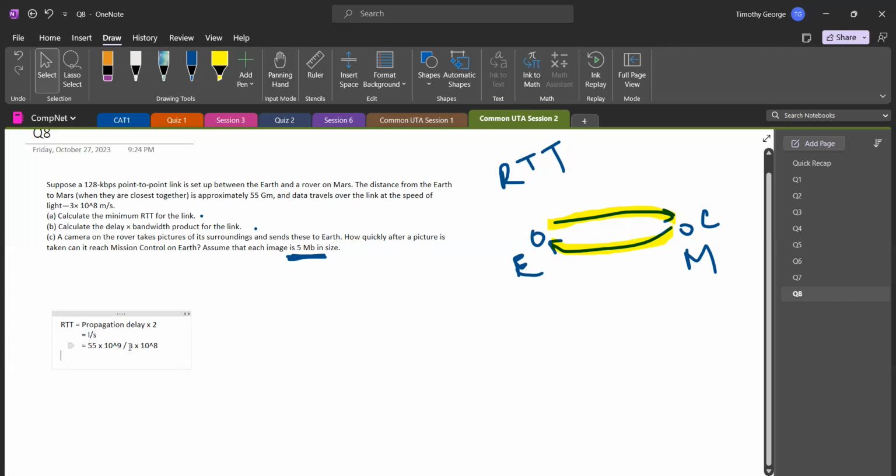So let's get one note to calculate. 183.333. Meters per second, so this is going to be seconds. That's not RTT, that was propagation delay.